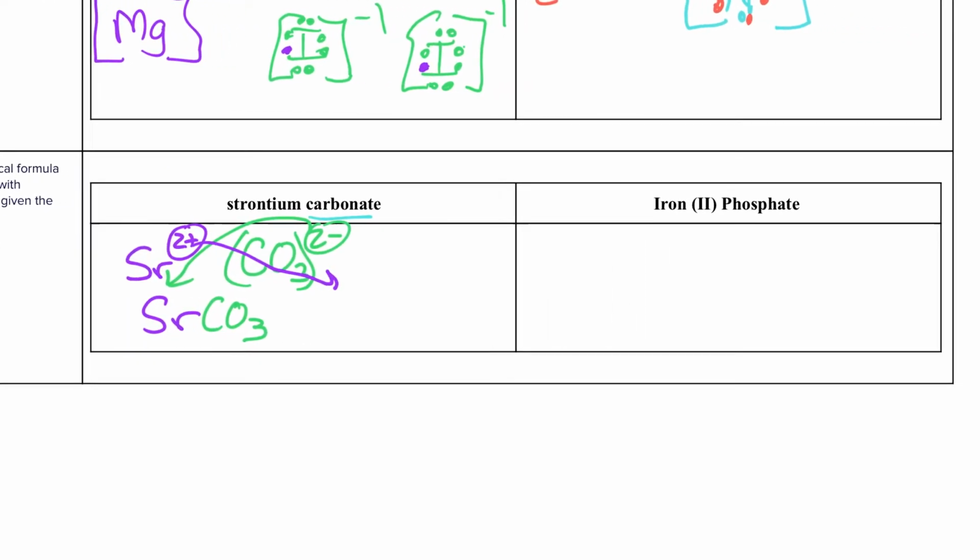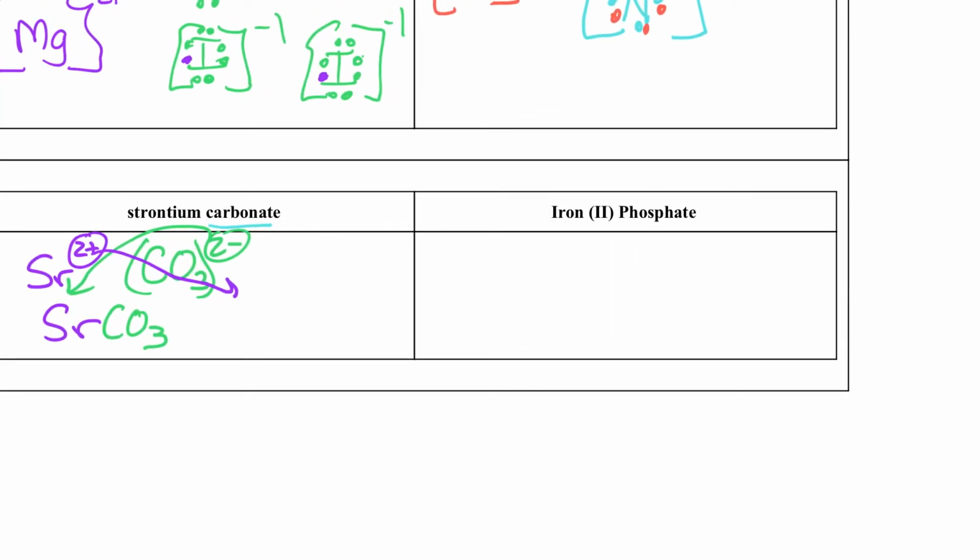The next example is iron 2 phosphate. So just like in the previous lessons, iron 2 tells us our charge, so Fe 2 plus, and then phosphate. Phosphate is PO4, and it has a 3 minus charge. So I write PO4, 3 minus. Well, now my charges don't add up to 0.